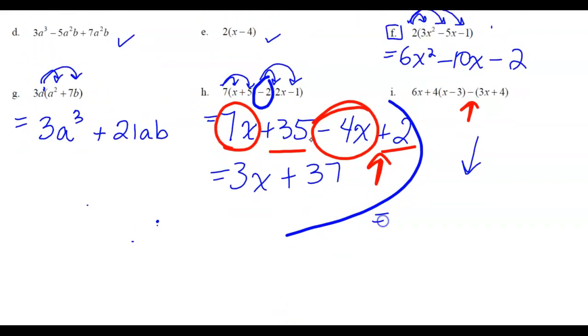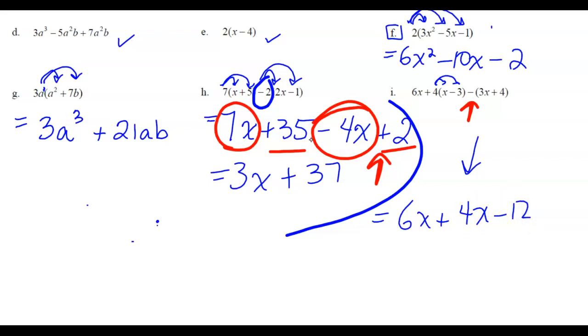This is going to be equals 6x. There's nothing to do with 6x. Then we have to expand the 4 into the x, into the first bracket, right? So that's going to be plus 4x minus 12.